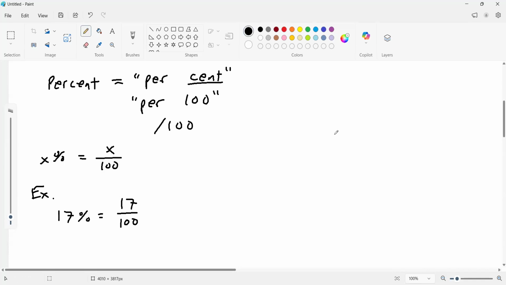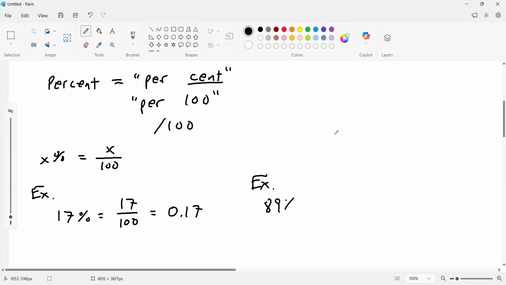So I could say that 17% is the same exact number as 17 over 100 as a fraction. And percentages will always be super easy to convert into decimals because all we're doing is dividing by 100, right? We're just moving the decimal point over twice. So this is 0.17.